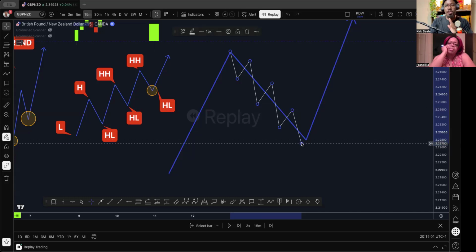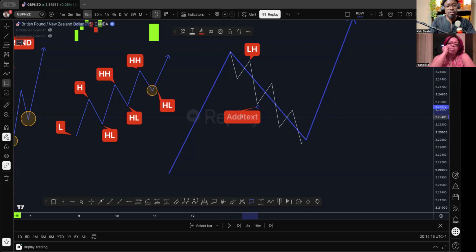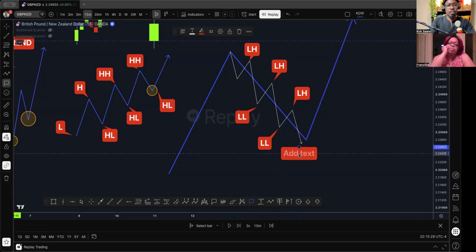We will know price stops going down when we no longer get, let me label this. This is a lower high. This is a lower low, lower high, lower low, lower high. Oops. This is a lower low.